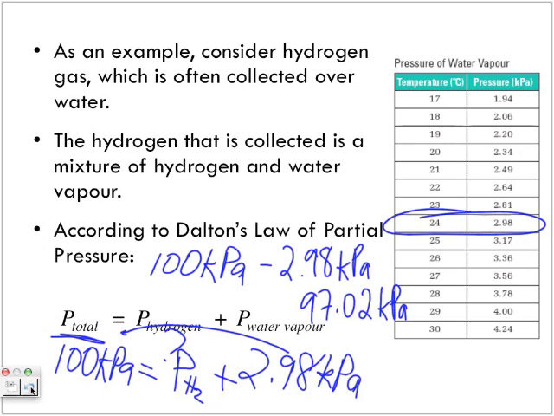That is now the pressure of the hydrogen gas. So we take the overall pressure and subtract the pressure of the water vapor at that temperature to find the actual pressure of the gas we're trying to collect.